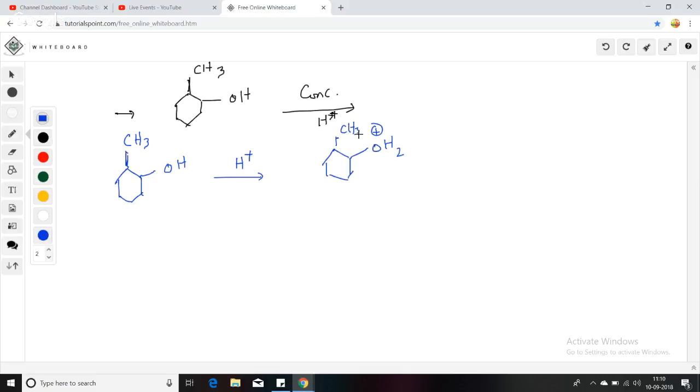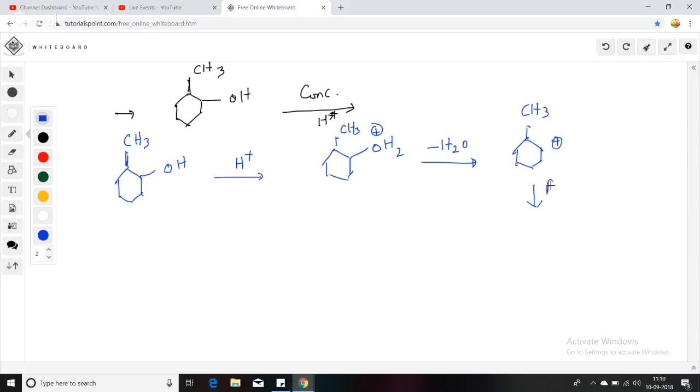Now when this OH2 comes out, minus H2O, we get a carbocation, so we get a positive charge here, and here we have CH3. This is a 2-degree carbocation. If one hydrogen moves from here to here, then we can have a 3-degree carbocation.